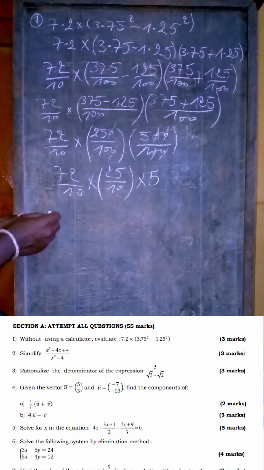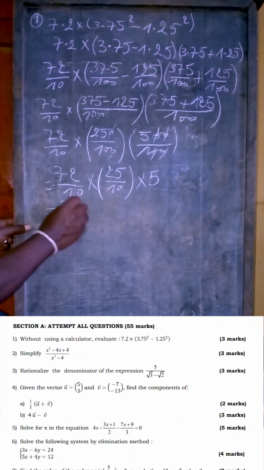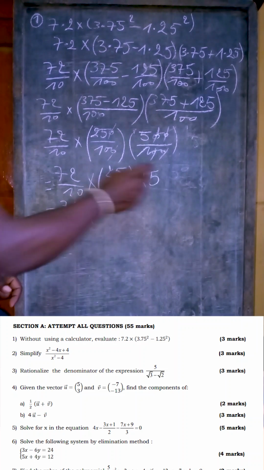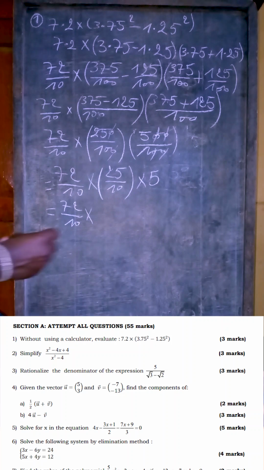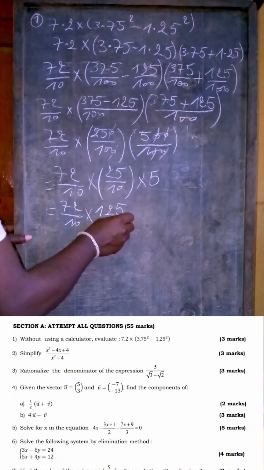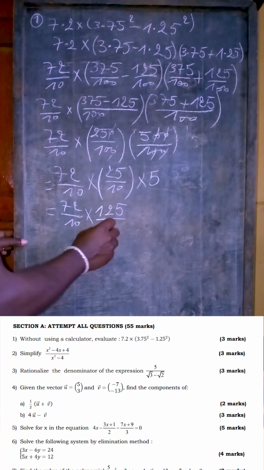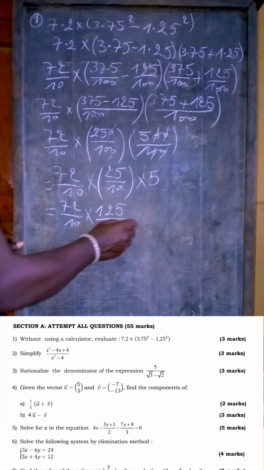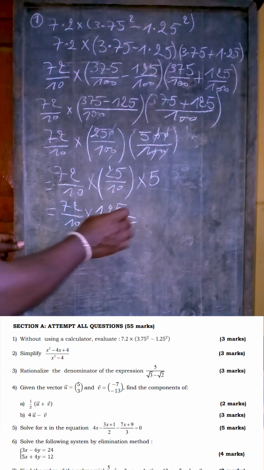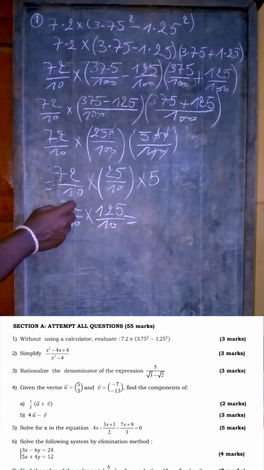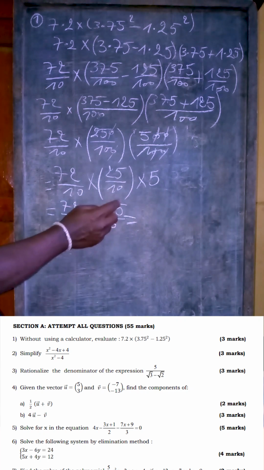This will be equal to 72 over 10 times 25 times 5, which is equal to 125 over 10. In multiplication, the denominator has to multiply the denominator and the numerator has to multiply the numerator.